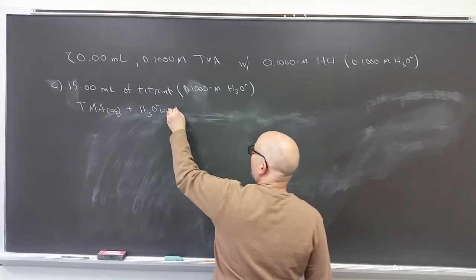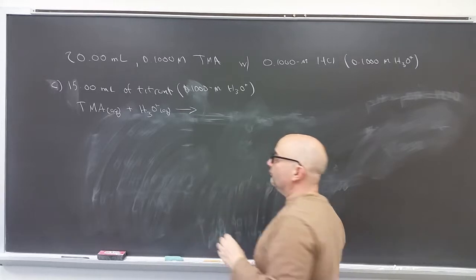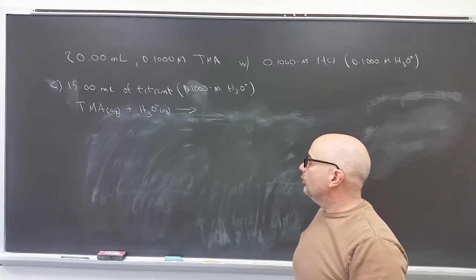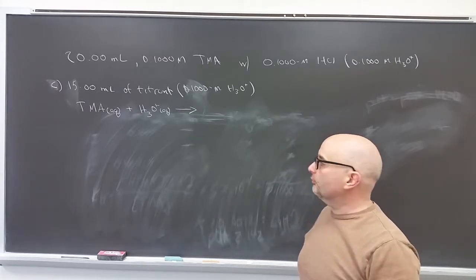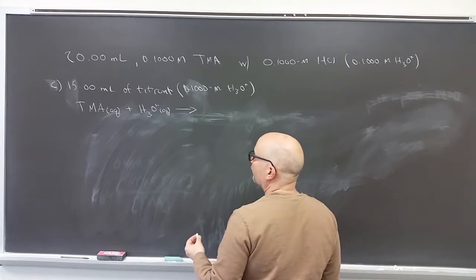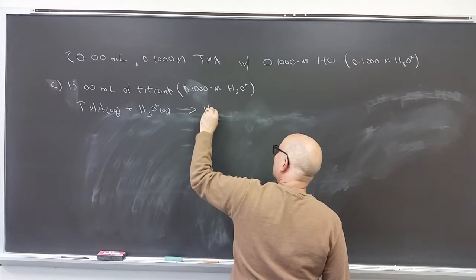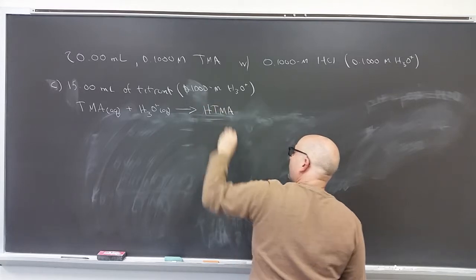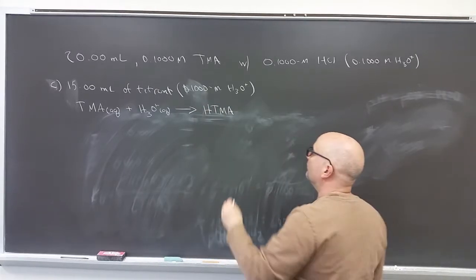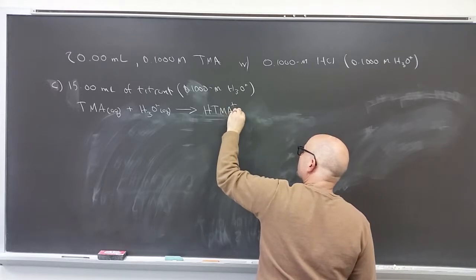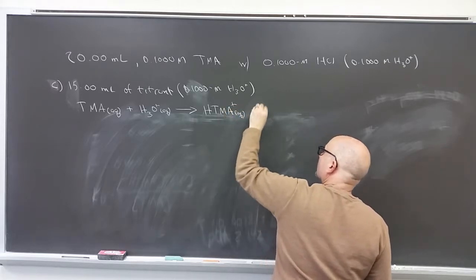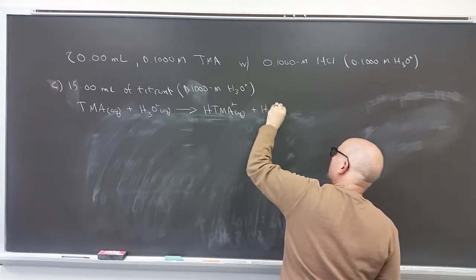And since one of those pair is a strong acid, the hydronium, you can assume this reaction goes to completion. So there'll be a transfer of the proton from the acid to the base, which will result in the protonated trimethylamine, HTMA+, and water.